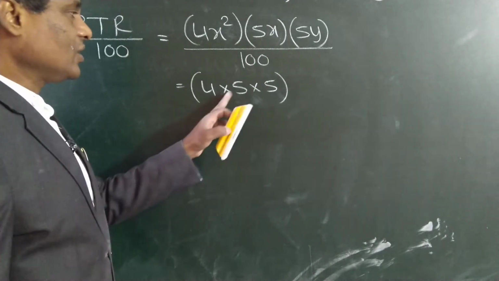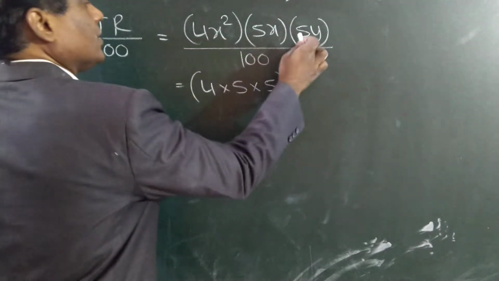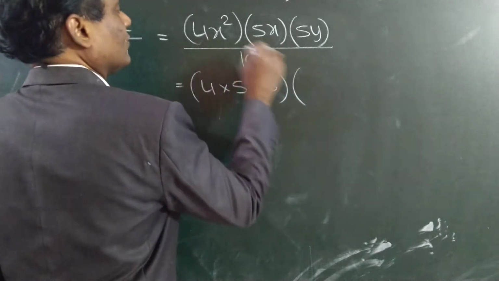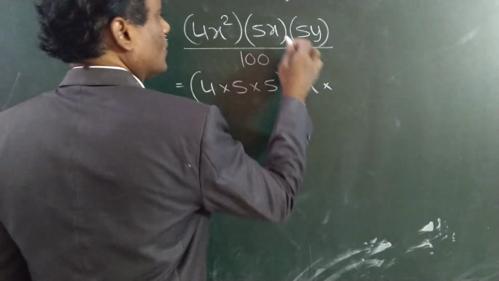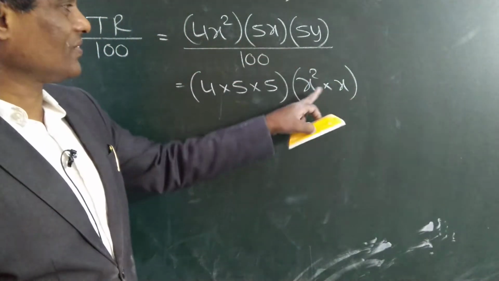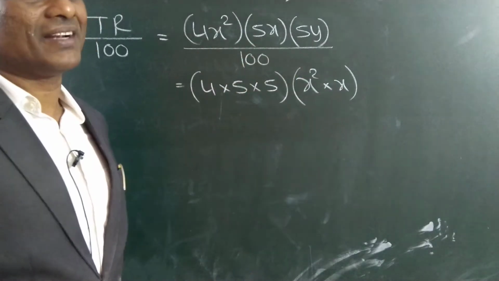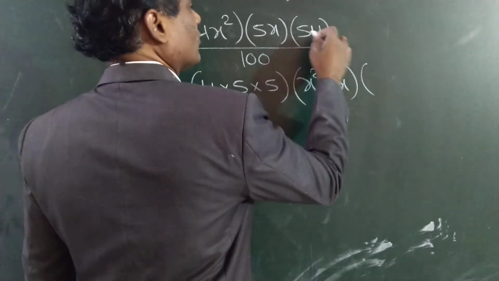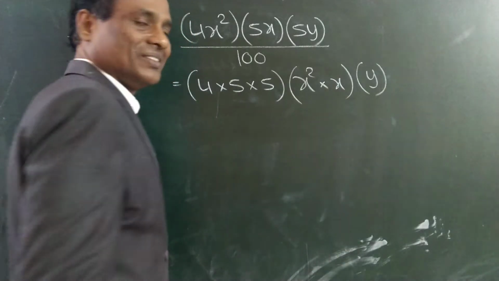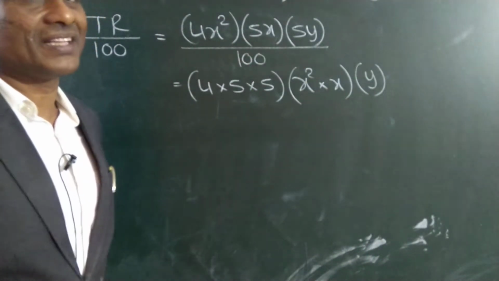Don't confuse the into and x because they look similar. This is one part. Next x square into x. Same variable, same variables, xx, I write. Next y is only 1, y as it is you write. X square, x I write together in a bracket.